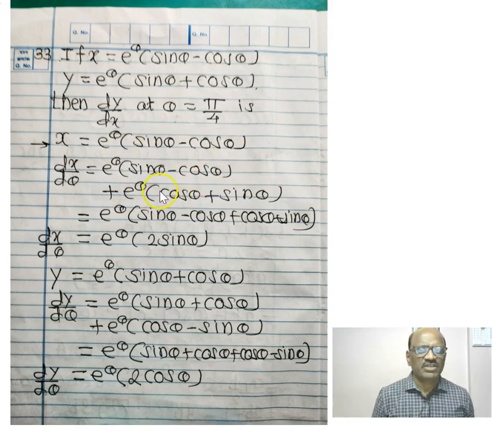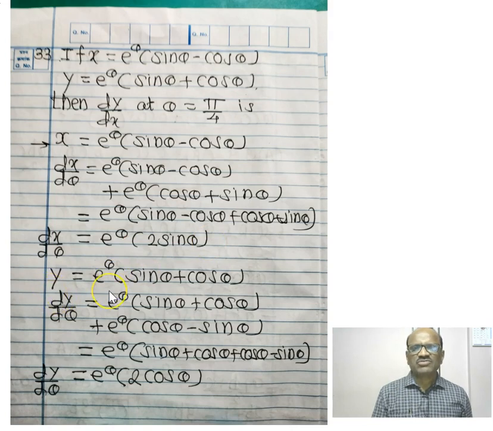Then apply the product rule. dx/d theta = e^theta (sin theta − cos theta) + e^theta (cos theta + sin theta). Derivative of e^theta is e^theta, keeping the bracket as it is. Next take e^theta as common, then cos theta minus cos theta get cancelled. Then you are getting sin theta + sin theta, which means 2 sin theta. Therefore dx/d theta = e^theta · 2 sin theta.